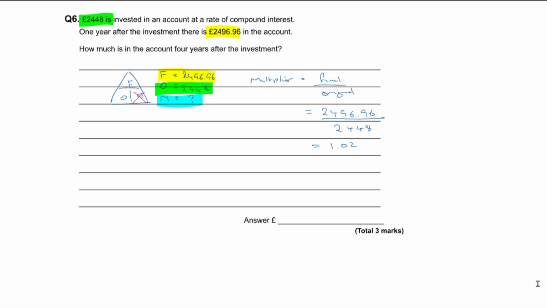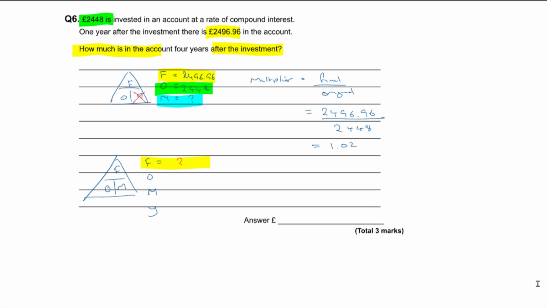So in the next part of the question, I've got final original multiplier FOM, and this time y as well. Now the final is the thing we want to find, isn't it? We want to know how much the account is worth after the investment. So that is the final we're looking for now.